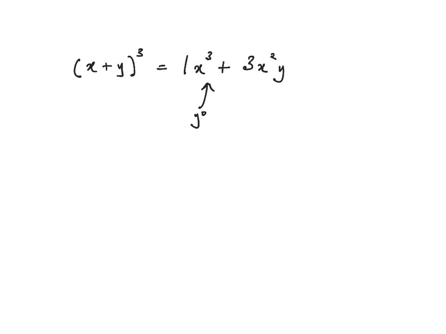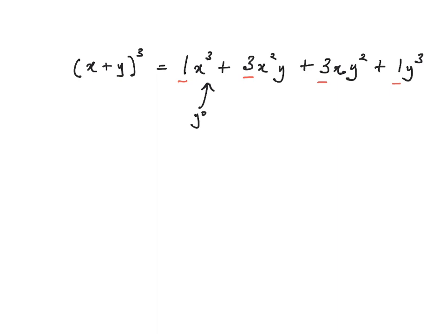So 1x cubed plus 3x squared y plus 3, so the x power is going to diminish by 1, that gives us x to the power of 1, and the power of y will increase by 1, and the final term is 1y to the power of 3. So again, here are the binomial coefficients, 1, 3, 3, 1.